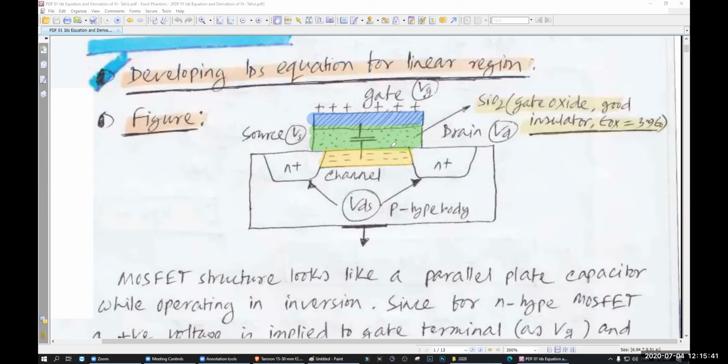So what is happening here? The channel is made of electrons, that means negatively charged, and the gate is positively charged. So in between you have silicon dioxide, that means insulator. So it is actually looking like a parallel plate capacitor. So a capacitance will form here. A capacitor will form.